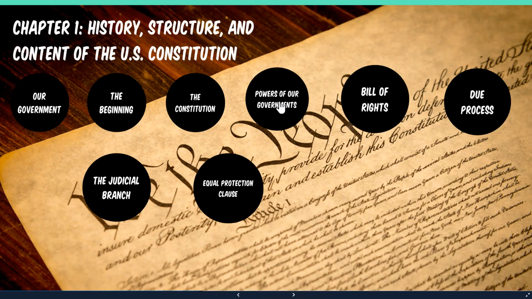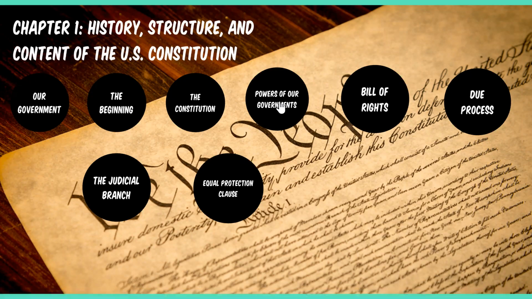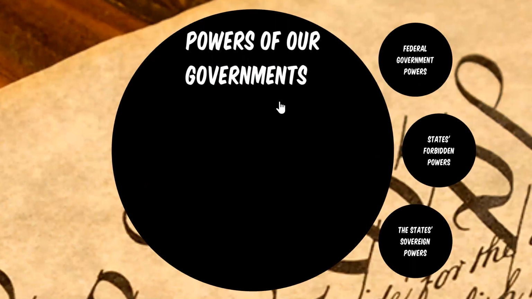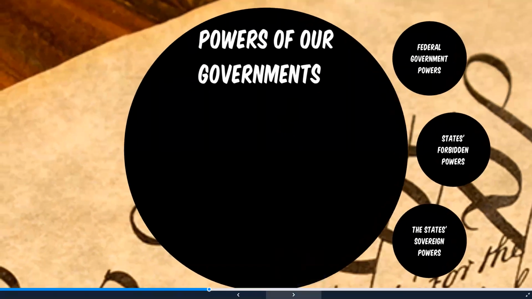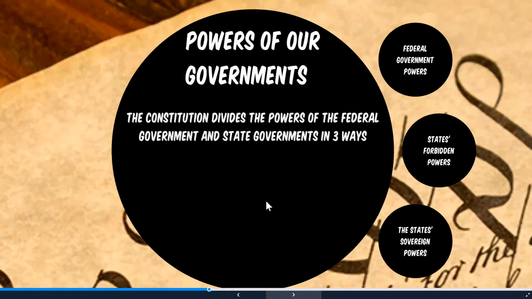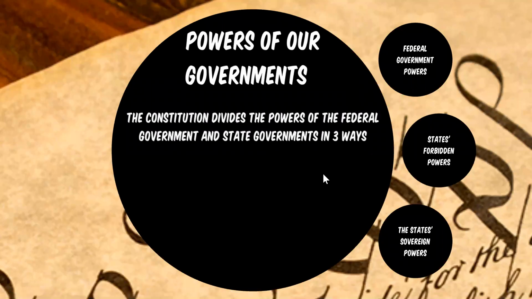So let's look into the powers of our governments. And by powers of our government, we're going to look into the federal government and the state government. What powers do they have? And it's in the Constitution. So the Constitution divides the powers of the federal government and the state government in 3 ways.